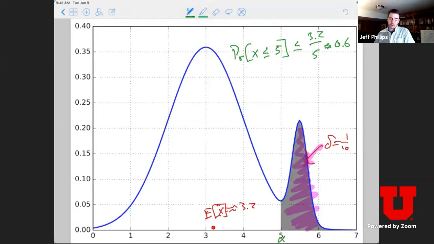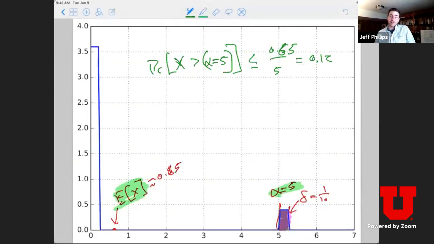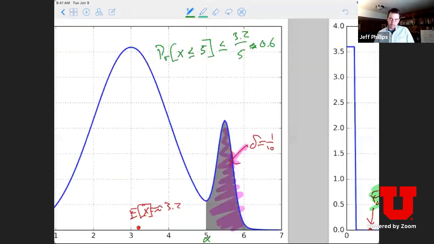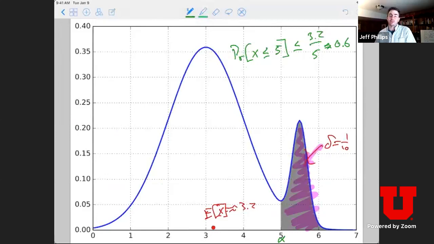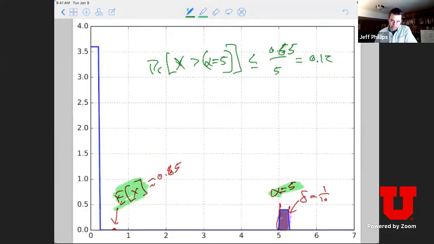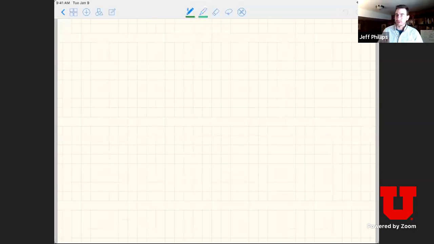It's only 10%, right? So this is not the extreme case. I don't know what the real distribution is, but I can only get an upper bound here. So in this case, it's not a great bound. In this case, it is a good bound. These are two different categories I might think about. It could be even worse if it didn't have this mode out here. Okay, so this is just some intuition so far.